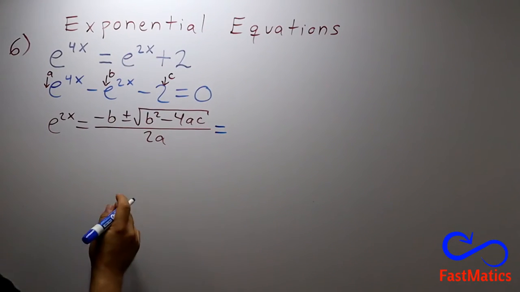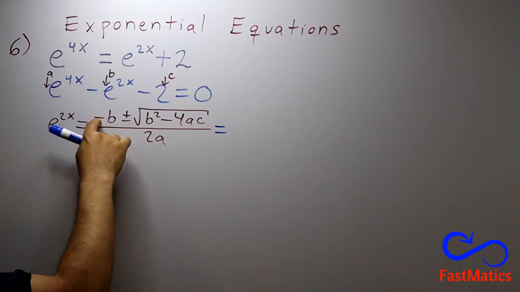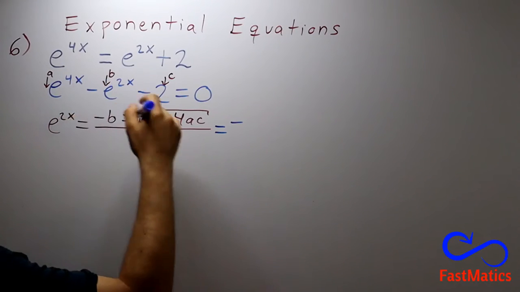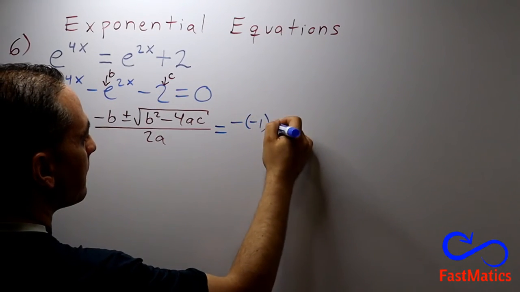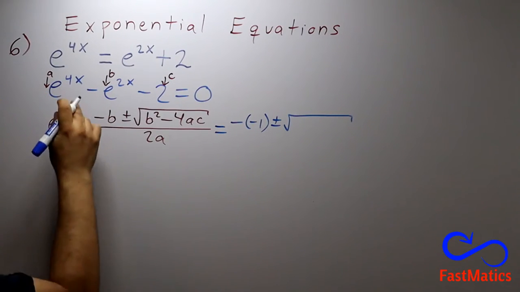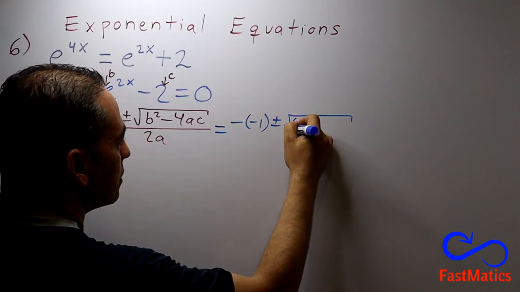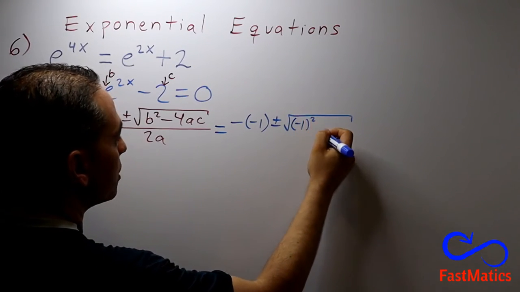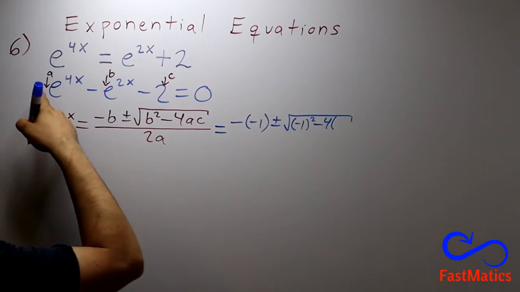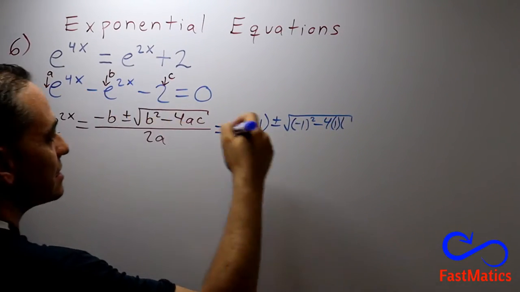Please pay attention, you cannot put letters here, only numbers. Then negative, the value of b, that is negative 1. Positive negative, the square root of the coefficient b squared. So negative 1 squared minus 4 times the value of a, that is 1, times the value of c, that is negative 2.